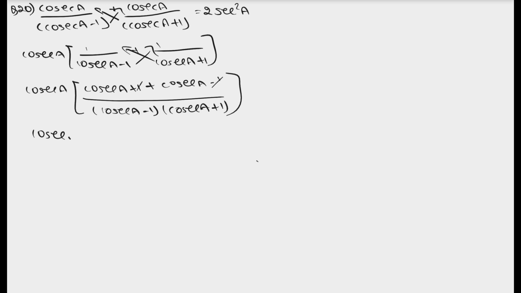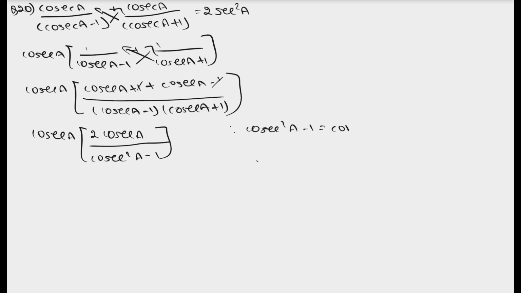We'll be having cosecant A, and cosecant plus cosecant is 2 times cosecant A, and in denominator it is in the form of A square minus B square. So we'll write cosecant square A minus 1, and we know this identity cosecant square A minus 1 can also be written as cot square A.